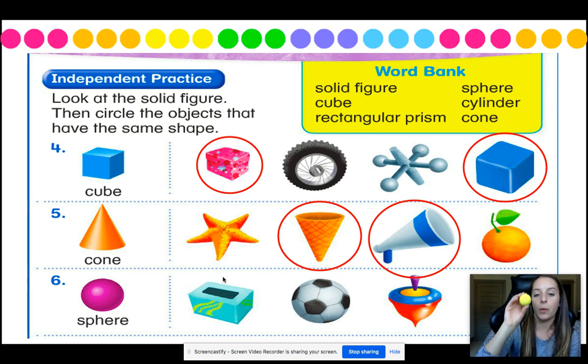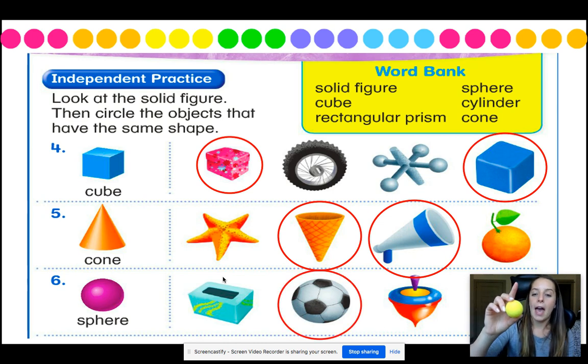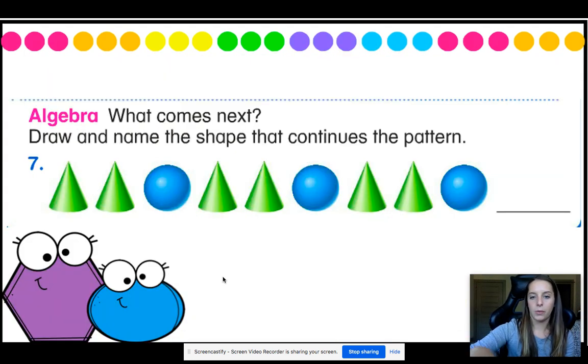So that one's not going to work. How about a soccer ball? Is the soccer ball rounded on all sides? I think so. So that'll count. And the next one is a top, a game that you can play and twist. Does that have that same shape of a sphere? I don't think so. The last one is actually cut off, but that's okay. We'll just skip over it.